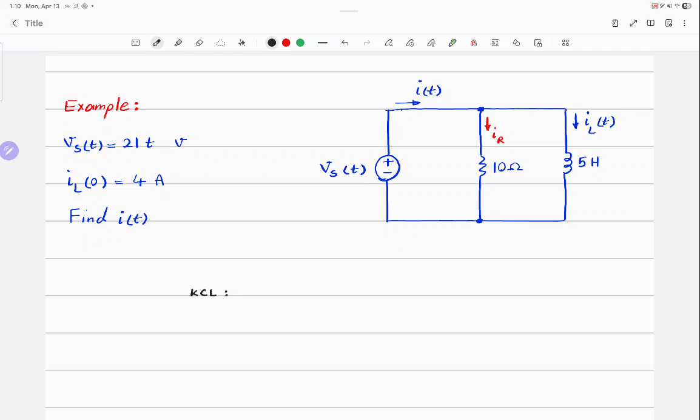At the top node, let's start from the left. Let me do everything exactly as before. How do you label the red node? VS. So write the KCL.